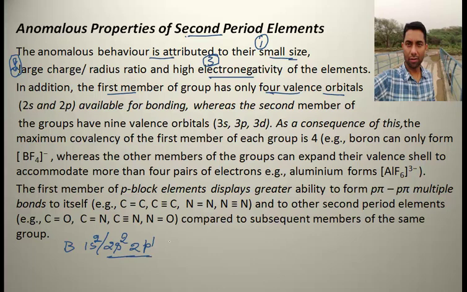For s we generally represent 1 orbital, and for p we represent 3 orbitals. So in total there are 4 orbitals for bonding: 1, 2, 3, 4. So the maximum covalency of second period elements will be 4, due to the availability of these 4 orbitals.